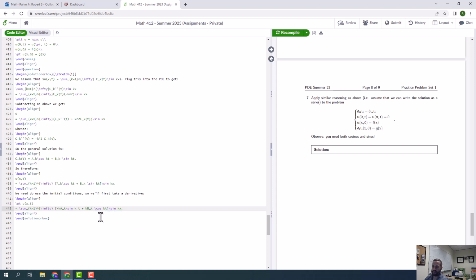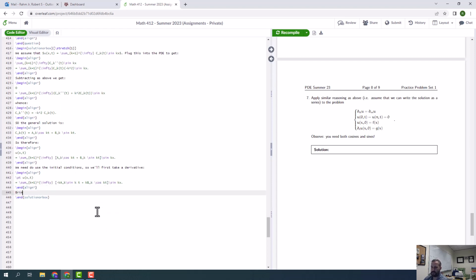Okay, now bringing in the initial conditions. If I look at u of x,0, I know f of x is equal to u of x,0 by what's given, and by the work we've just done, this is the sum here.